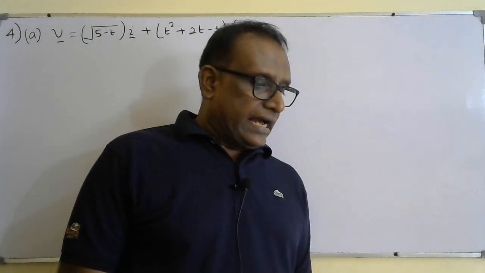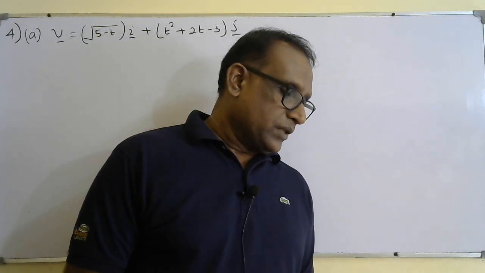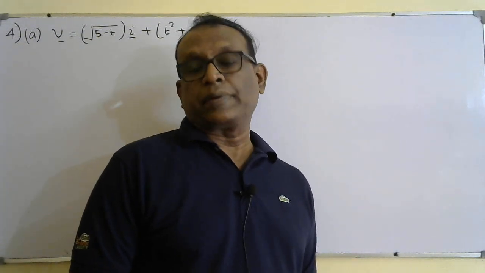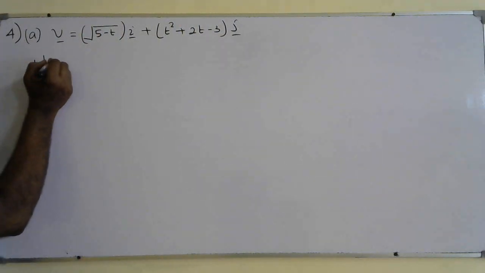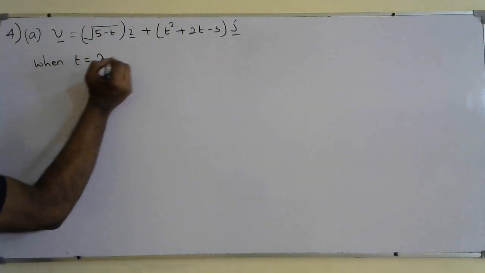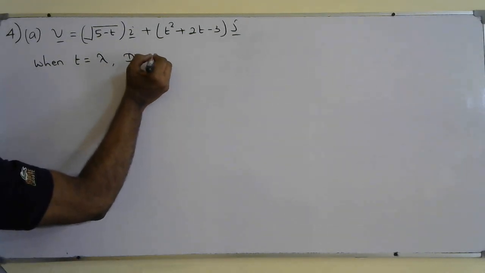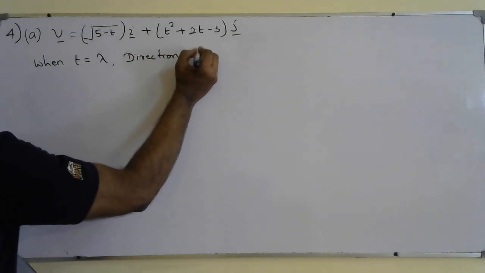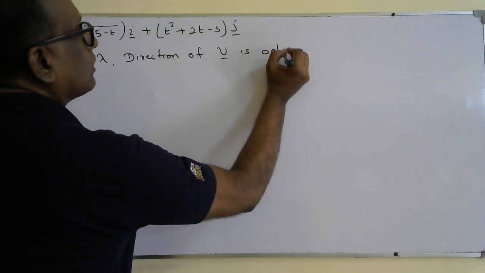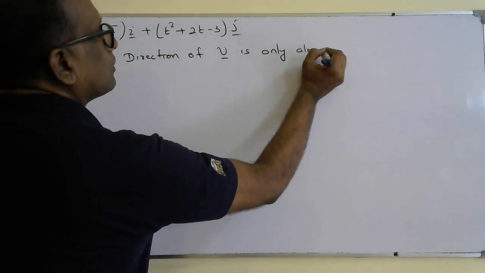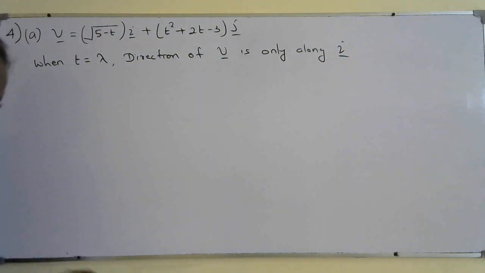So when the time t equals lambda, its direction is parallel to i. So that means when t equals lambda, the direction of v is only along i.